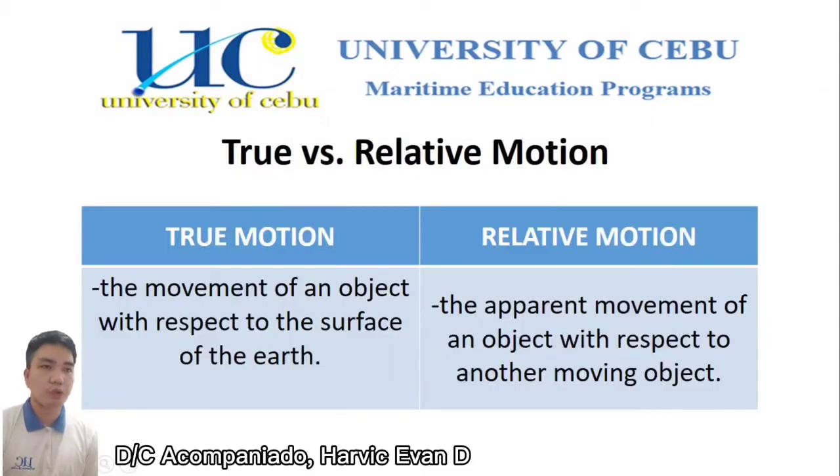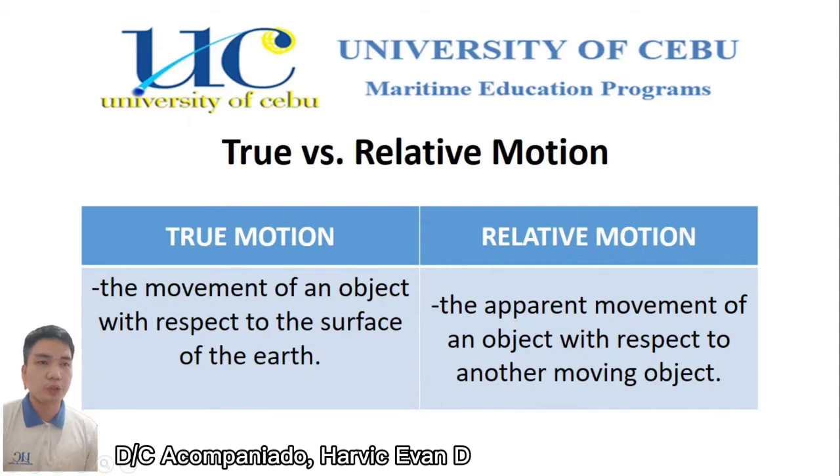Topic about the true versus relative motion. According to the definition, true motion is the movement of an object with respect to the surface of the earth, while relative motion is the apparent movement of the object with respect to another moving object. There are two basic displays used to portray target position and motion on navigational radars.